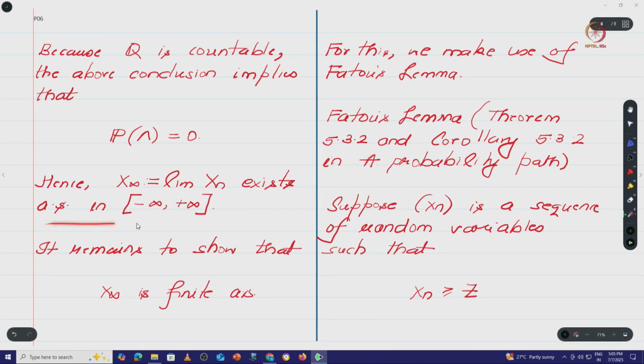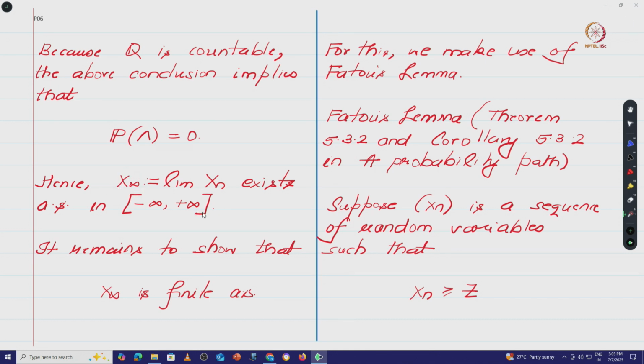So that is what we have written over here: that x infinity, which is defined as the limit of x_n, exists almost surely in this extended interval minus infinity to plus infinity. So I am working with this extended interval. The extended real line basically means that you also allow x infinity to take minus infinity and plus infinity.